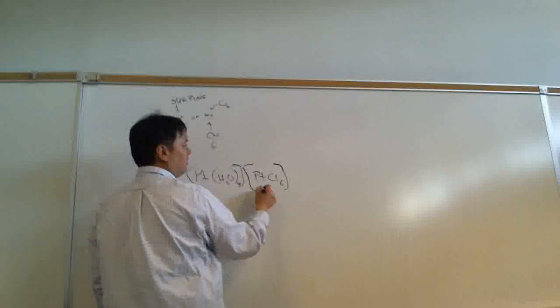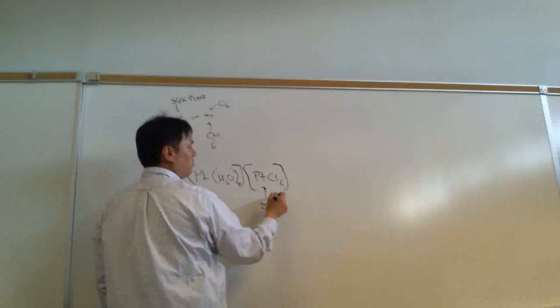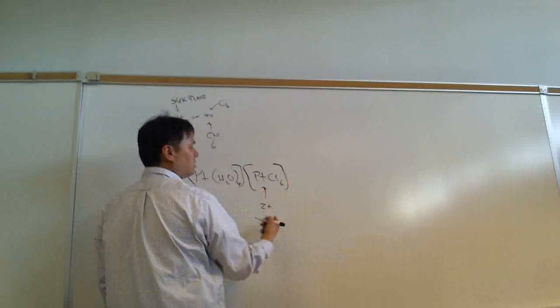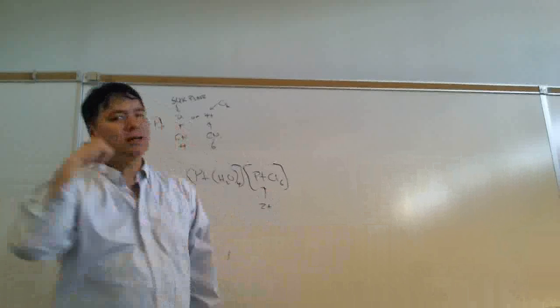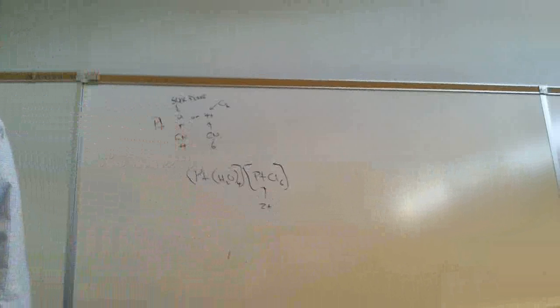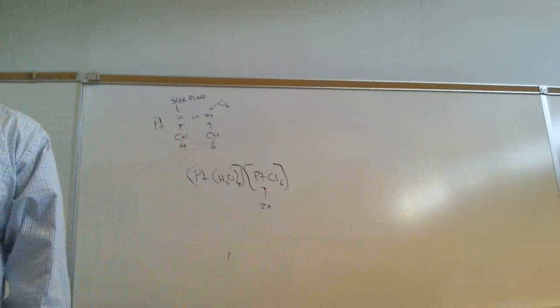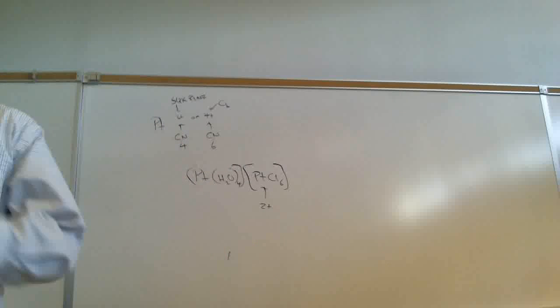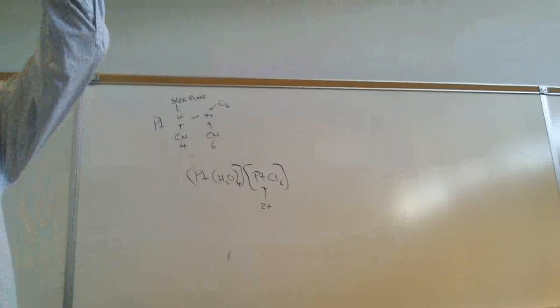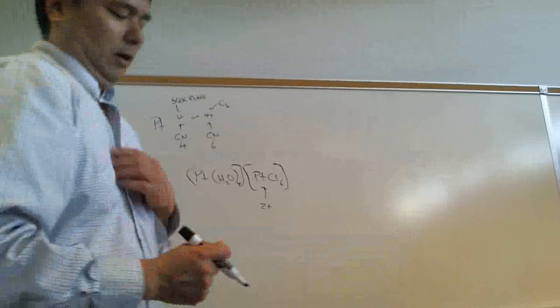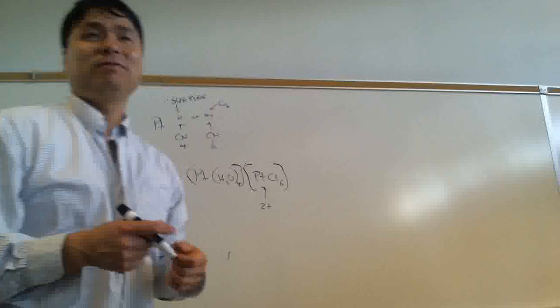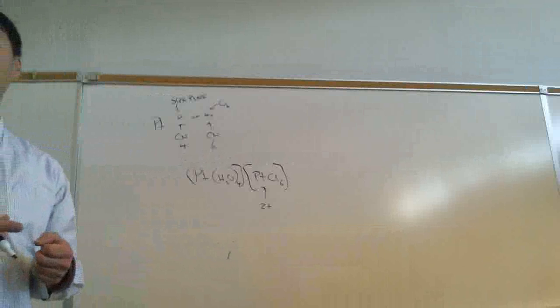Now, the thing is, if this were 2 plus, what would make the charge on this ion? 4 minus. Now, is a 4 minus ion something that's common? No. It's a little bit too high in the charge. As the charge builds higher and higher, you reach this point where it's like trying to build up static electricity.